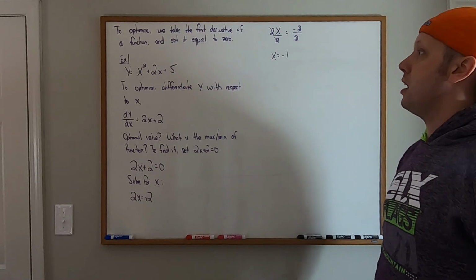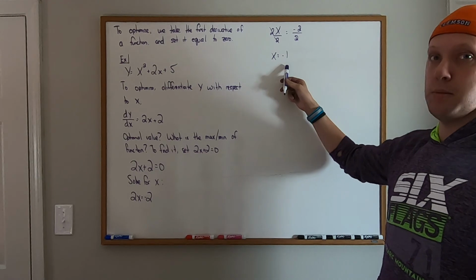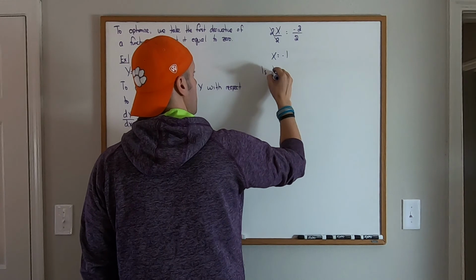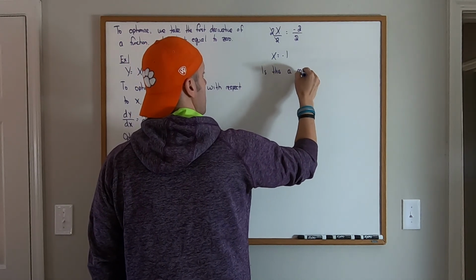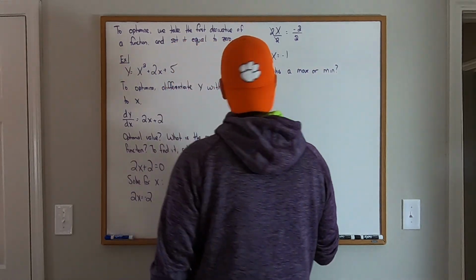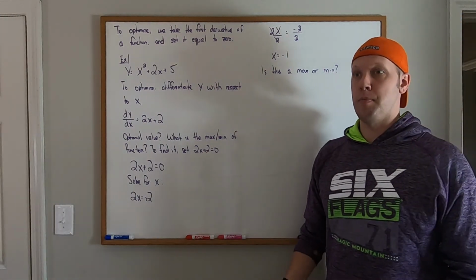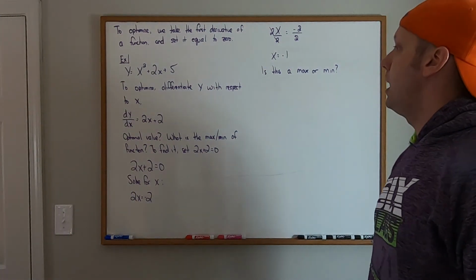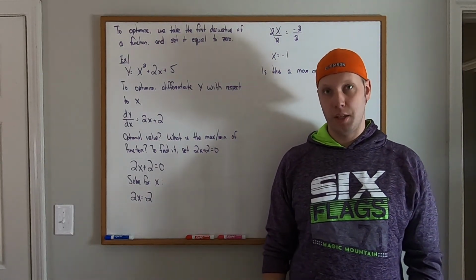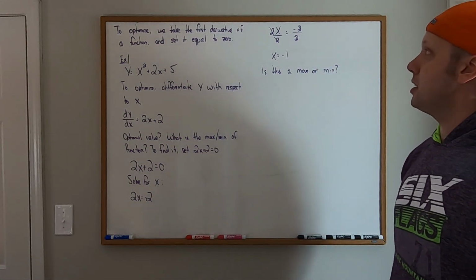But what the first derivative does not tell me is whether this is a maximum or a minimum. In this case, we would need to take the second derivative to tell us whether this is a maximum or a minimum. However, that's a little bit beyond the scope of this class. I'm not going to make you check your second order conditions.